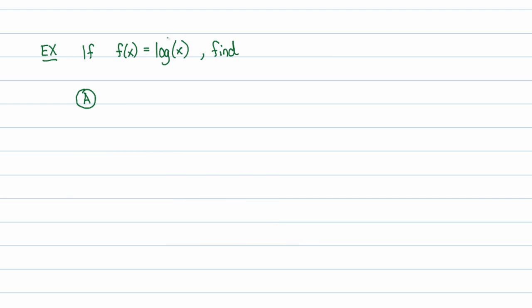So let's go ahead and use this new function notation. If f of x is equal to log of x, and remember, I'm just trying to sneak in little definitions that we've used in the past, recall that notation, just regular old log of x, is equivalent to saying log base 10 of x.